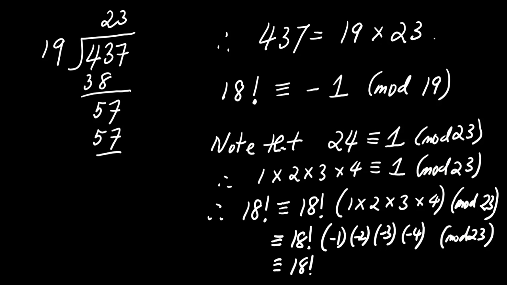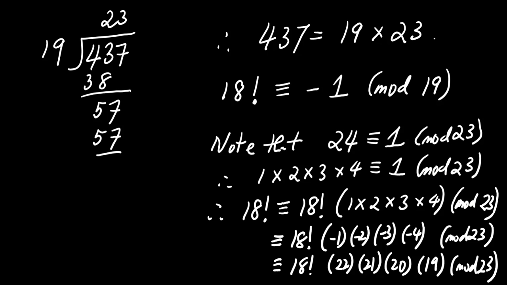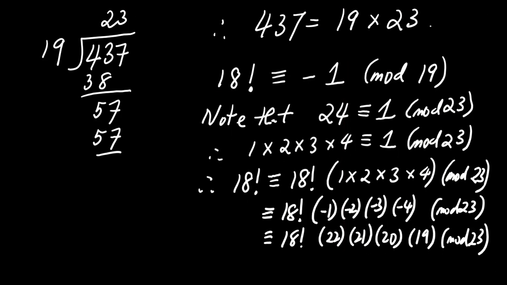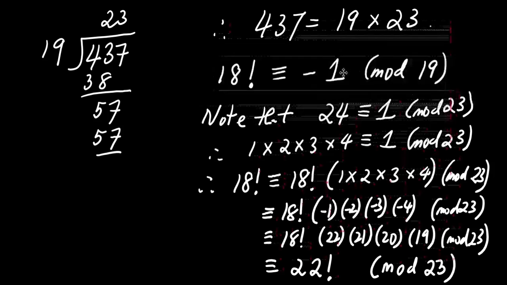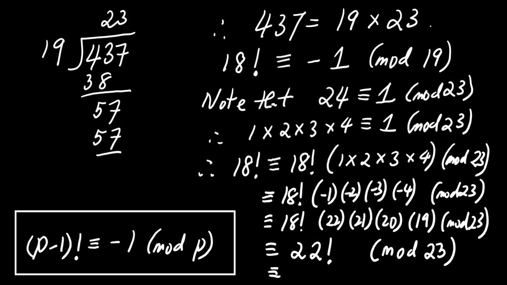And note that -1 is congruent to 22 mod 23, -2 is congruent to 21, -3 is congruent to 20, and finally, -4 is congruent to 19. So combine 18 factorial and 19 times 20 times 21 times 22, leading to 22 factorial. Ultimately, this product is congruent to -1 modulo 23 in accordance with Wilson's theorem.